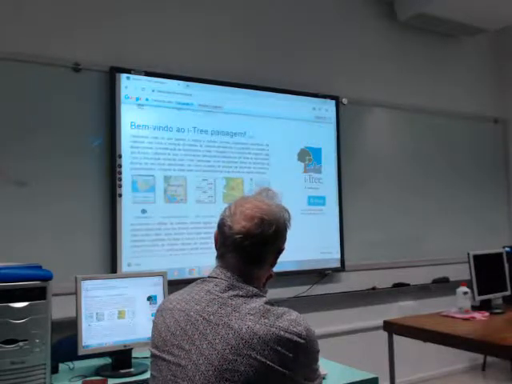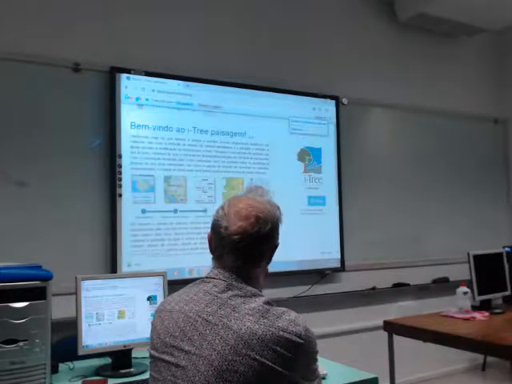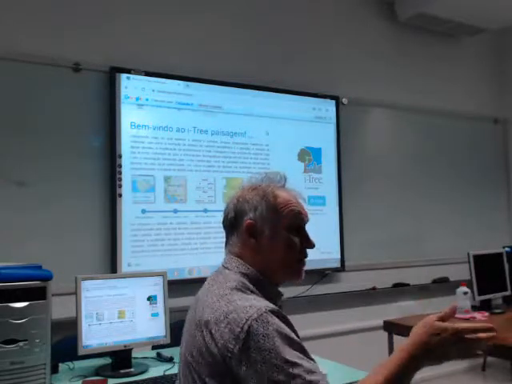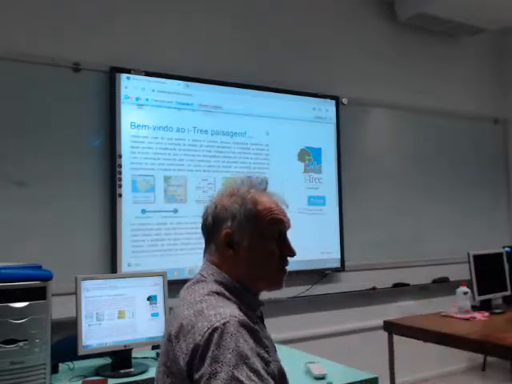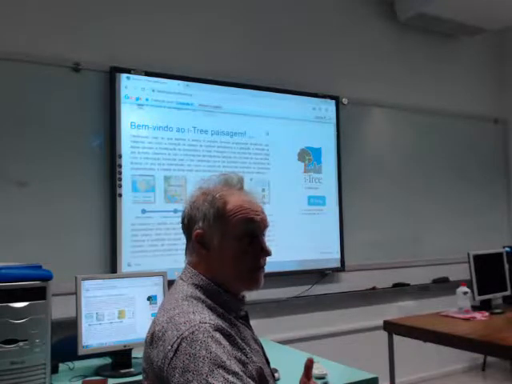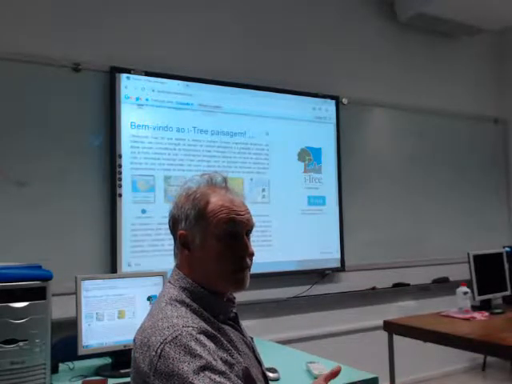The translation is automatic. It allows you to do various types of planning with regard to trees. So it's not just about assessing what's there, but also allows you to intervene and actually say what types of trees you might want.